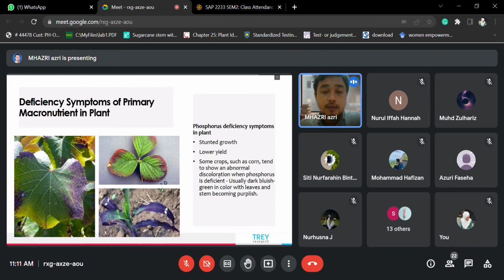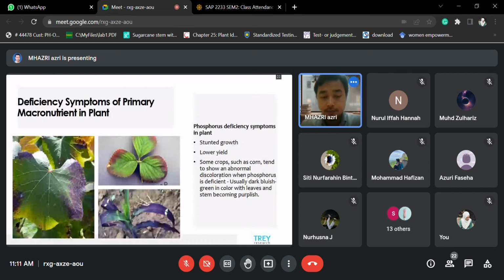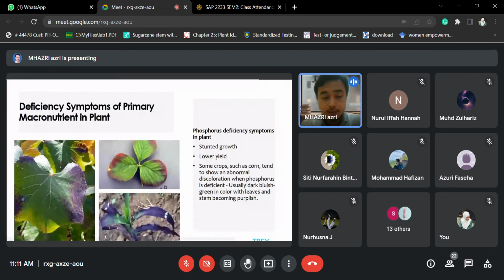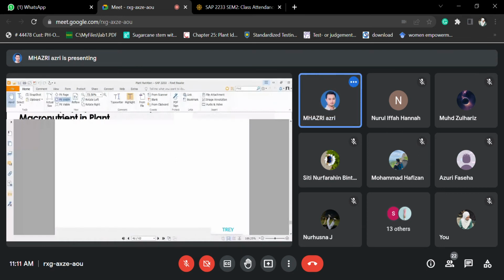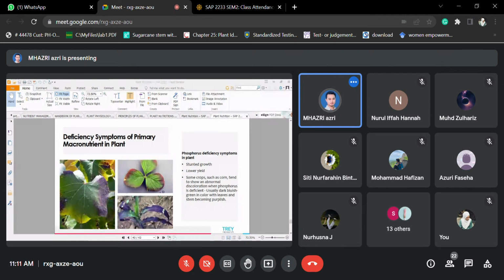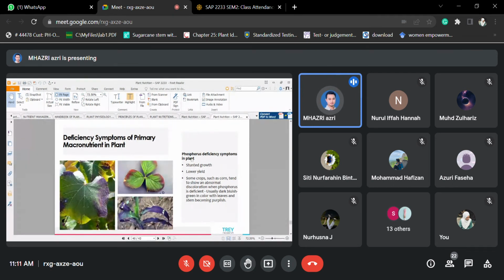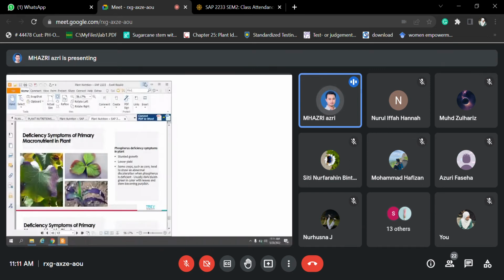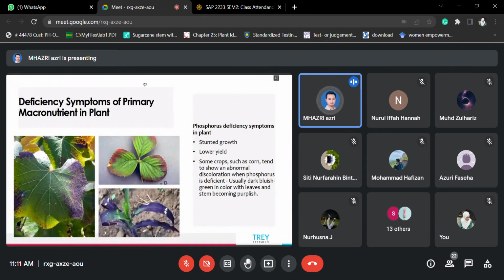So the deficiency symptoms of these primary macronutrients will produce lower growth and also lower yields. But for phosphorus, there is one special characteristic. What is it? Apart from stunted growth and lower yields, a plant that suffers from phosphorus deficiency will show discolorations. Usually we will see the leaf turn purple like this.